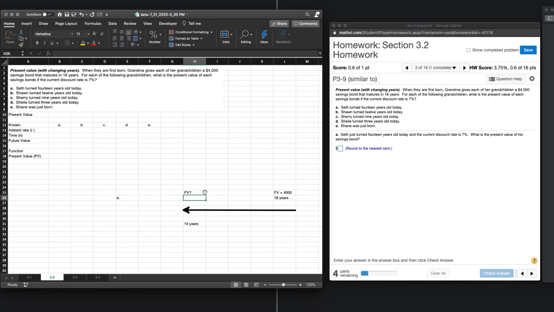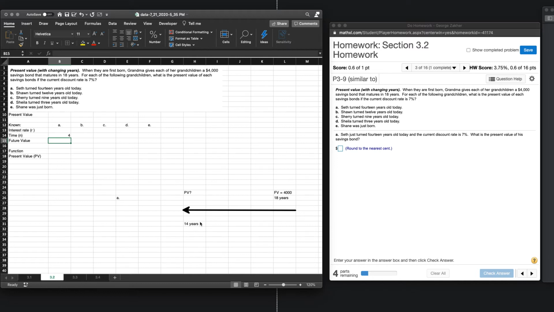Remember, money is moving backwards, so we need to figure out the time period between the 18-year maturity and where Seth is now. In terms of time, it's 18 years minus 14, so we have 4 more years for that bond to mature.